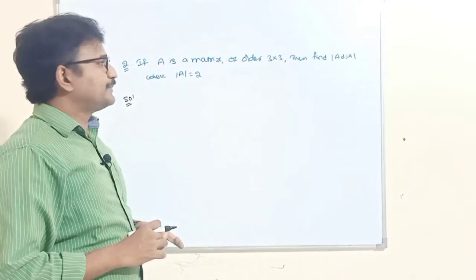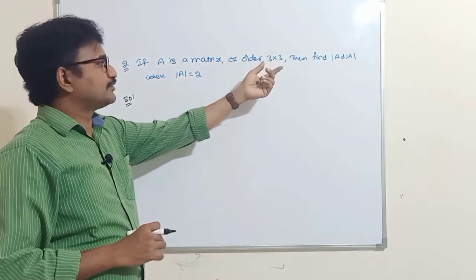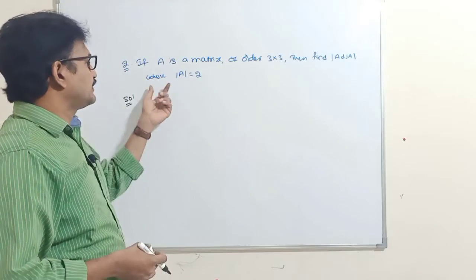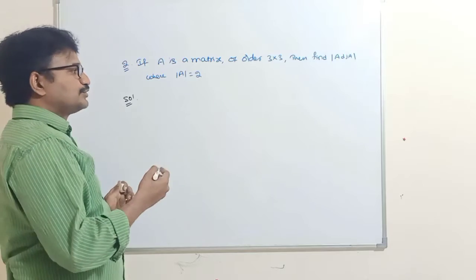Next problem. If A is a matrix of order 3 by 3, so matrix size is 3 by 3, then find det of adjoint A where det A is equal to 2.